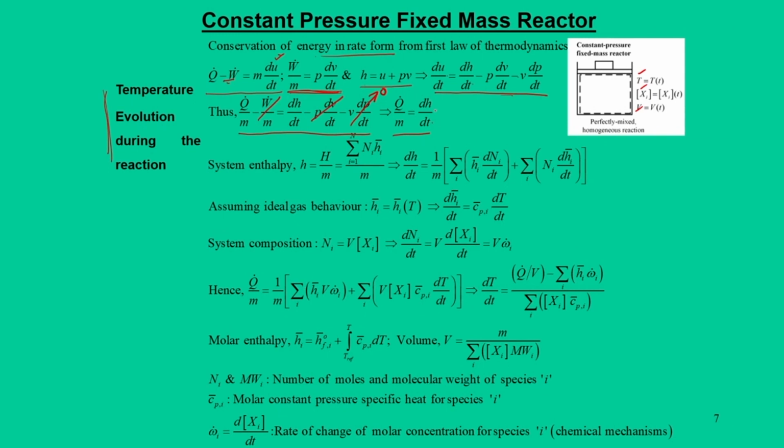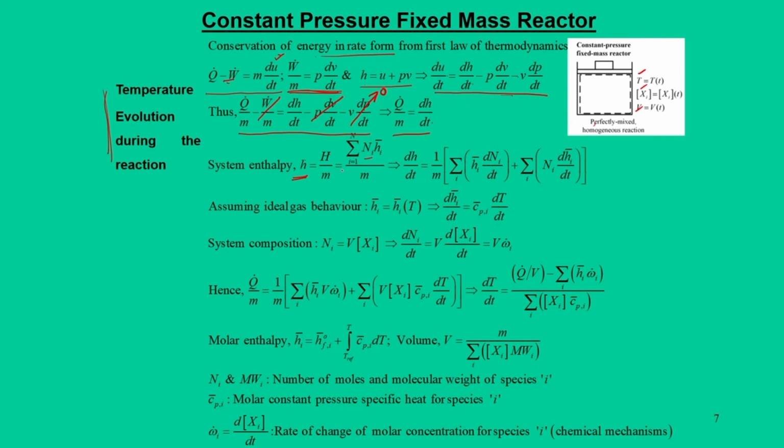Now, we need to find out what this dH by dt is. To do that, we recall the system enthalpy, specific enthalpy H by m, in molar form, because all our analysis has to be done per mole of the fuel. So, we can write the total enthalpy as summation of Ni Hi bar for all the species i equal to 1 to n, divided by m. Then we can find dH by dt from this equation.